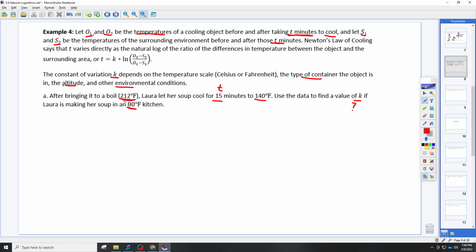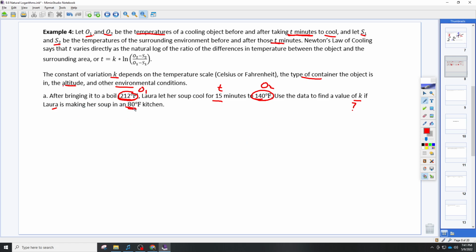So we're bringing it to a boil. What do we have that up here? This says O1 and O2 be the temperatures of a cooling object before and after taking T minutes to cool. So this would be the before one, that's O1. And after we let it cool, we get down to O2. And we have one number left.